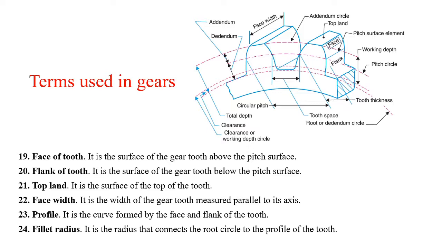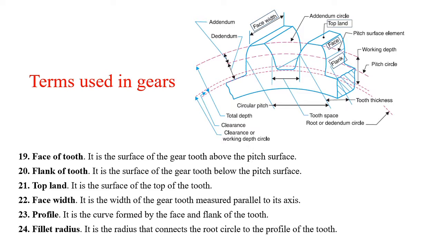Top land, also shown in this diagram, is the surface of the top of the gear tooth. Next, face width. It is the width of the gear tooth measured parallel to the axis. See in the diagram.